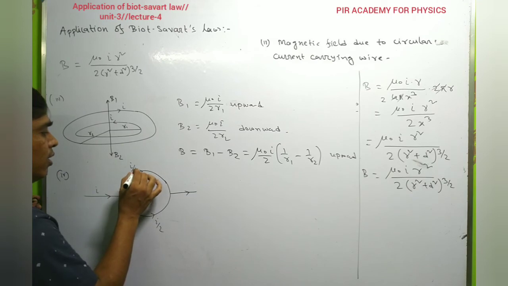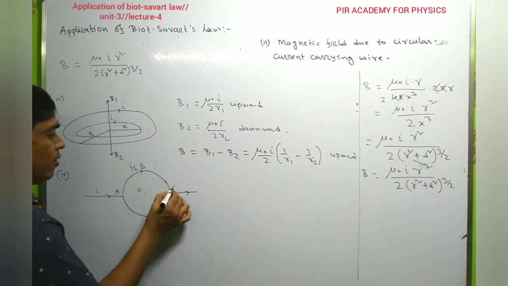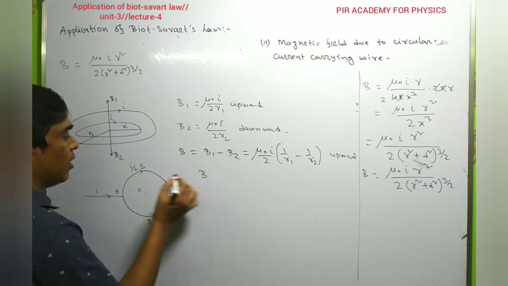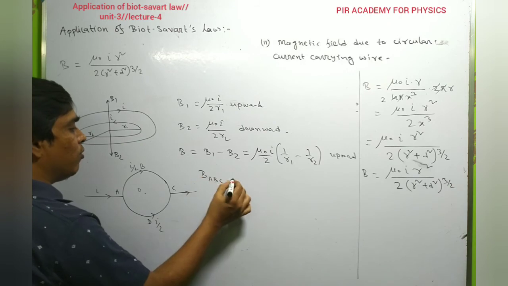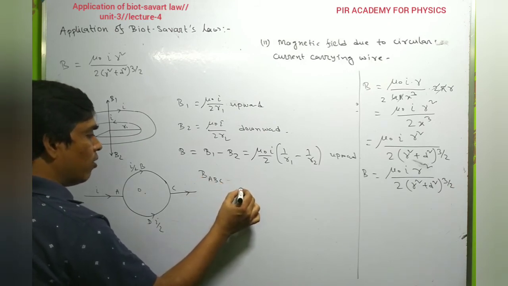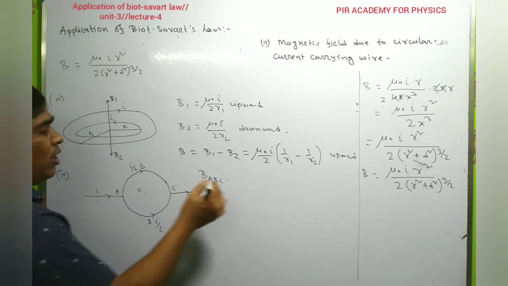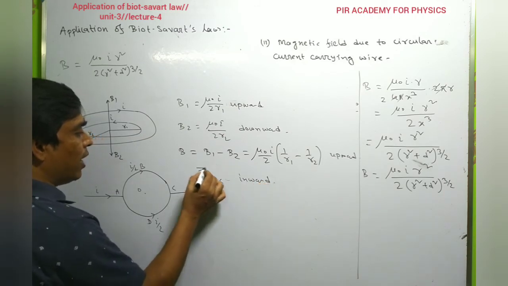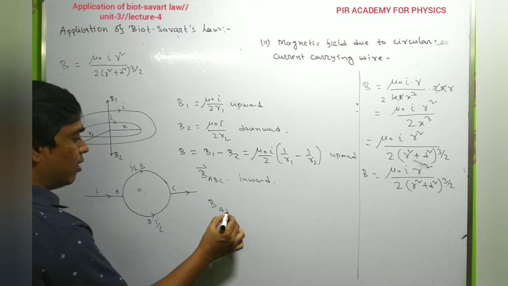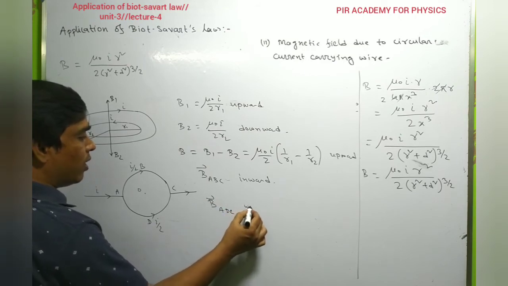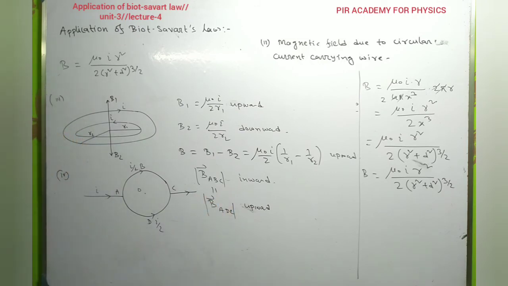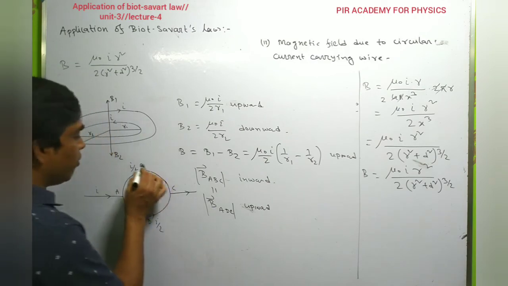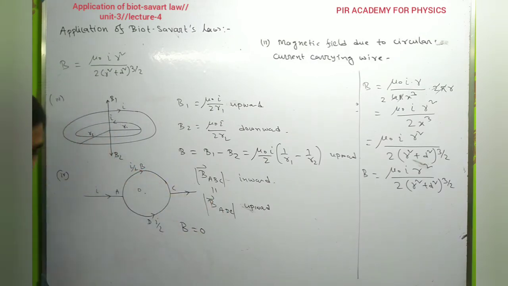Suppose this is arc A, B, C, and here is arc A, D, C. The magnetic field due to arc A, B, C will be inward, and the magnetic field due to A, D, C will be outward. But the magnitude in both is the same. That's why the magnetic field in this condition will be 0.